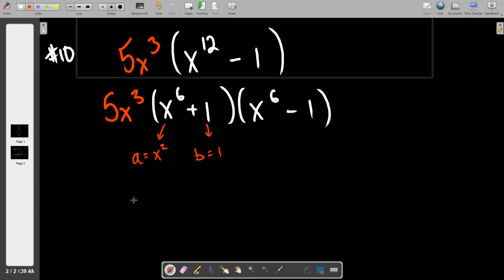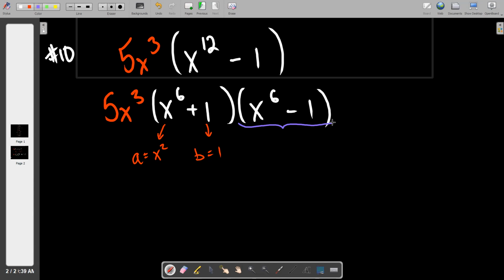Now, while we're here, I'll put a little purple underline underneath this one. What is that, Tristan? It's a square. He is. And just like the other one, x to the 6th and 1 are squares, but because it has a minus, I can factor it the better way.